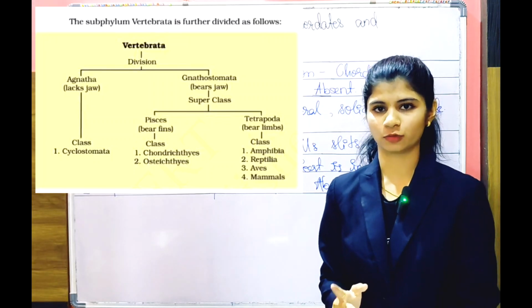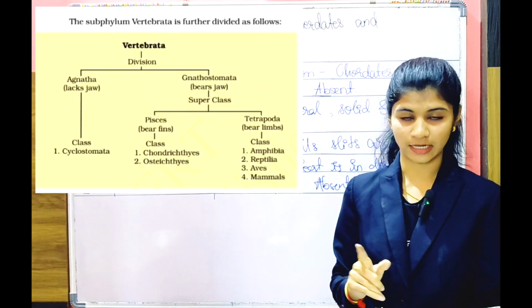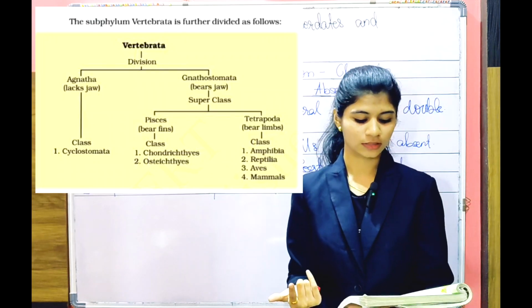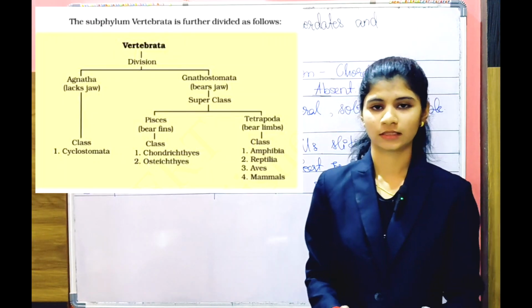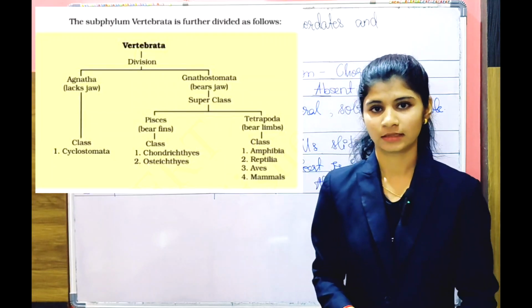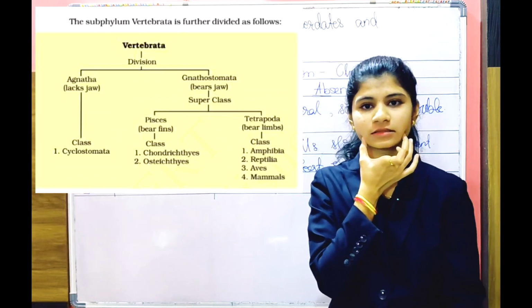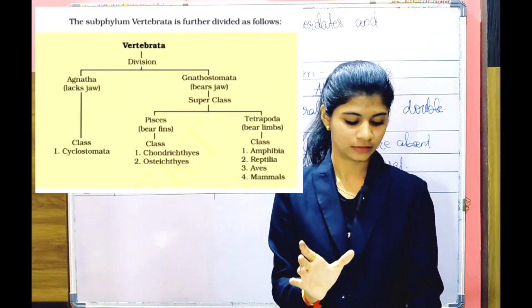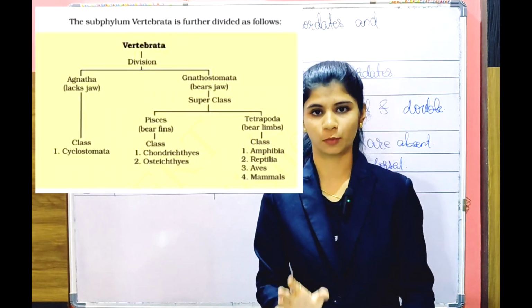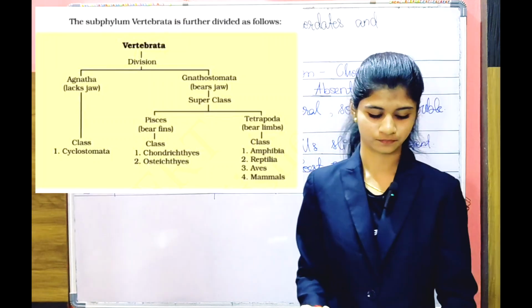In division there are two types: Agnatha and Gnathostomata. Now what is Agnatha? It means lack of jaw. In the human body, the jaw is present in the facial area, and this jaw can move however we want, just like how I am talking now.